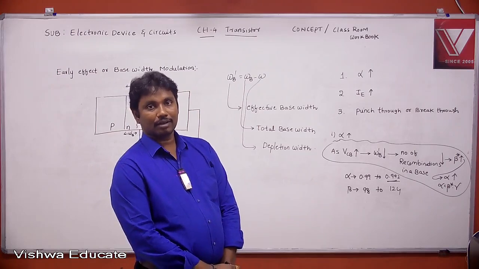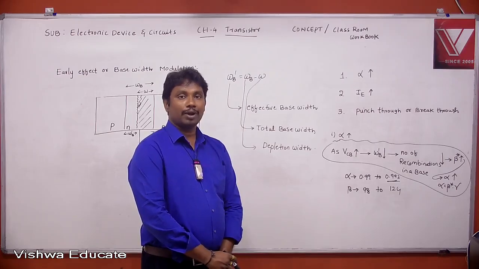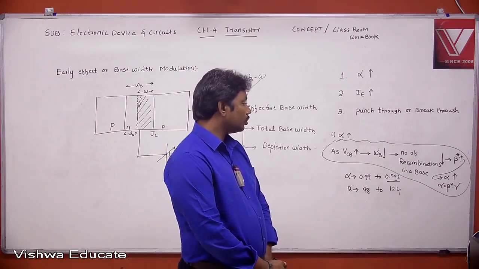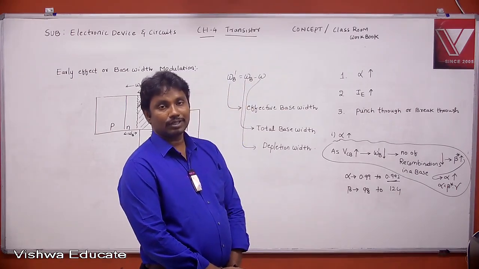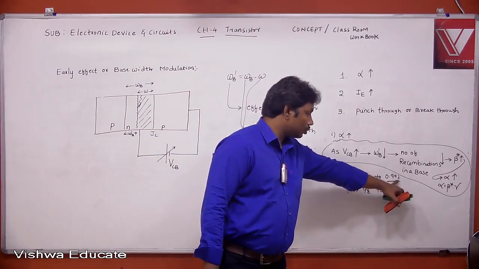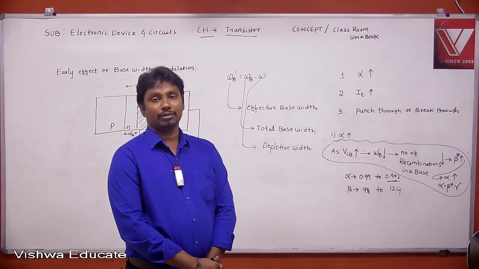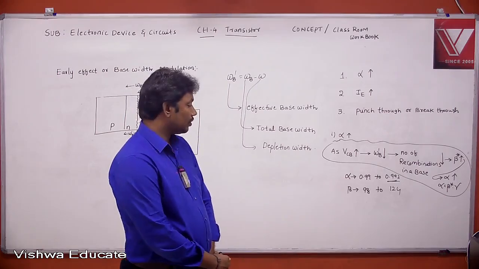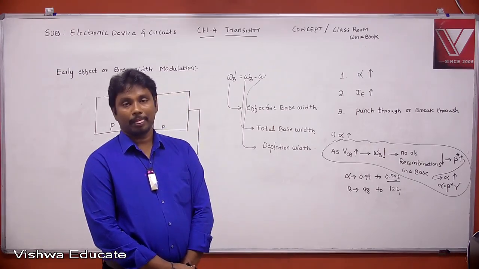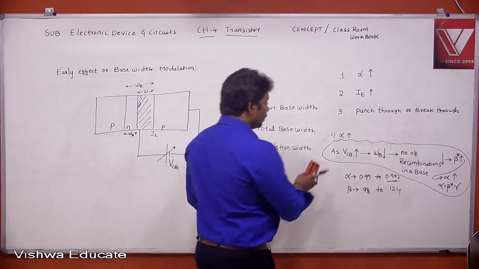For example, if alpha changes from 0.99 to 0.992, beta changes from 98 to 124, which is undesired. This is the first side effect.